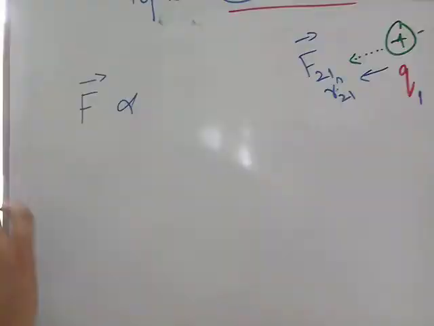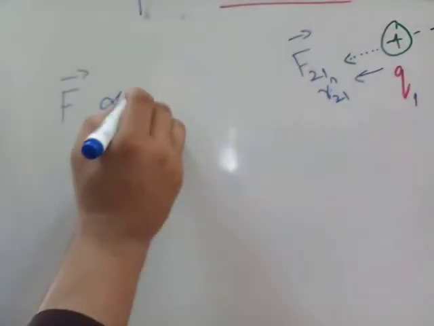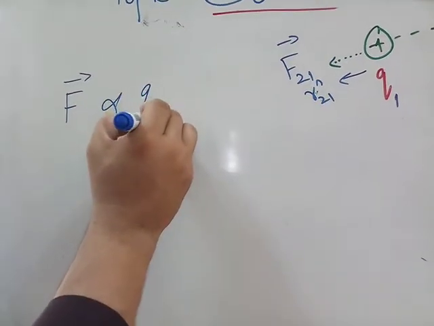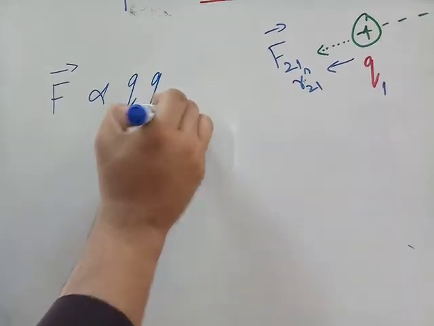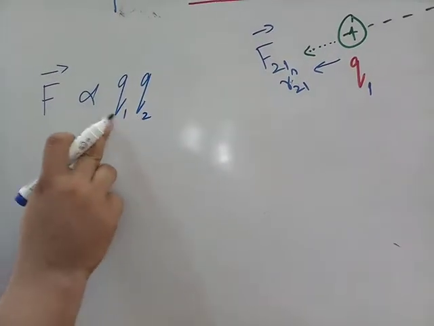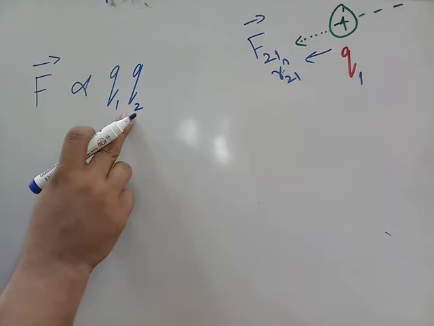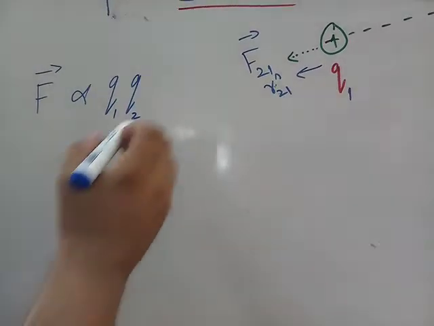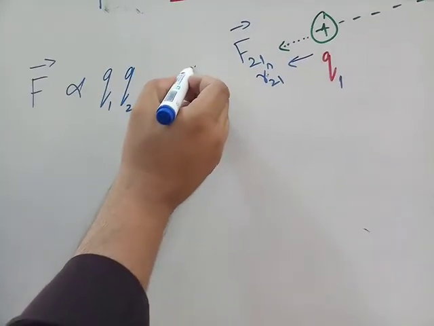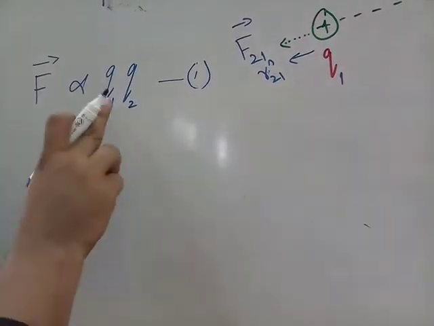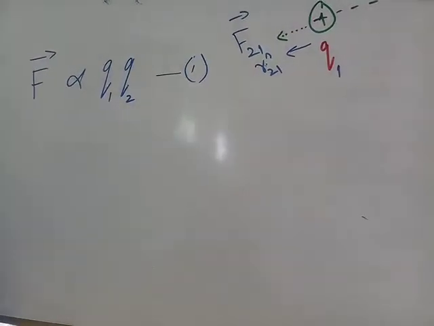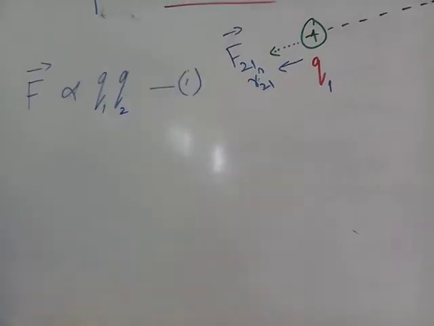So he said that the force of attraction or repulsion between these two charges is directly proportional to the product of these two charges. It means if the product is large, the force is large, and if the product is small, the force is small. This is the attractive or repulsive force.